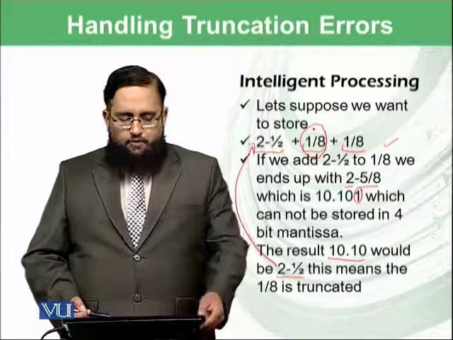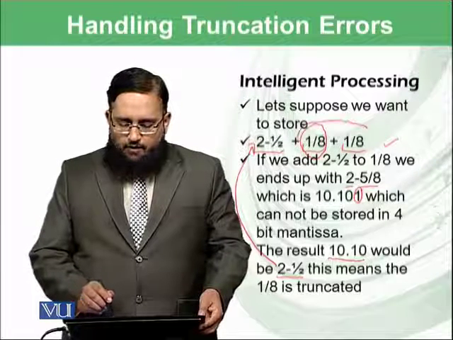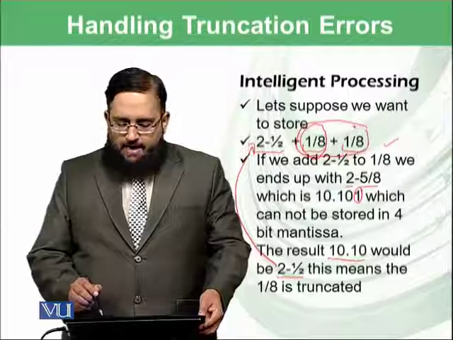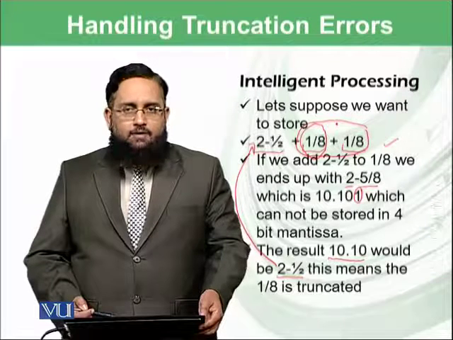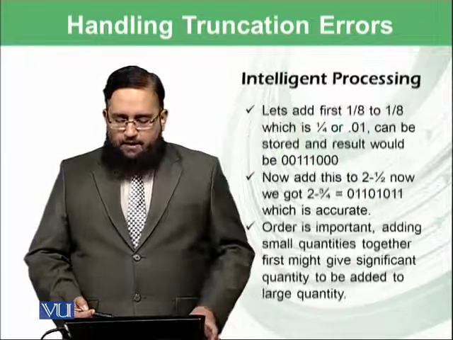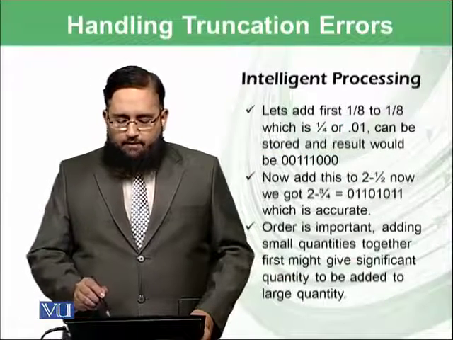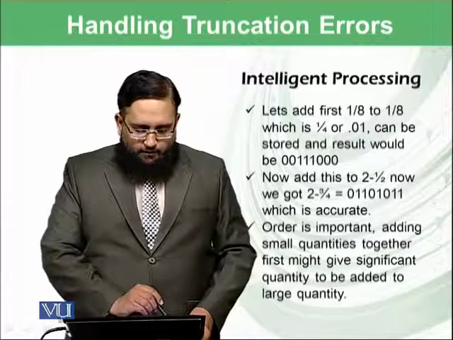So let's try to solve it in another way. Let's first add 1 by 8 and 1 by 8, and then add the answer to the 2 whole 1 by 2. Let's do it. If we add 1 by 8 to 1 by 8, then we will have 1 by 4.